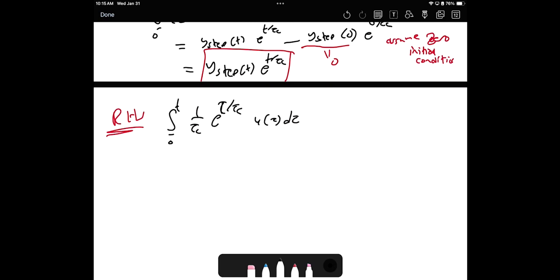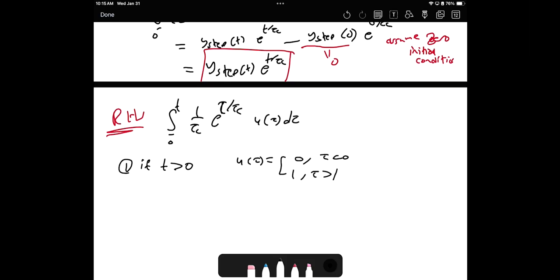We have different cases depending on t. So we will say that if t is larger than 0, then u of tau is 0 when tau is less than 0 or 1 when tau is greater than 0.